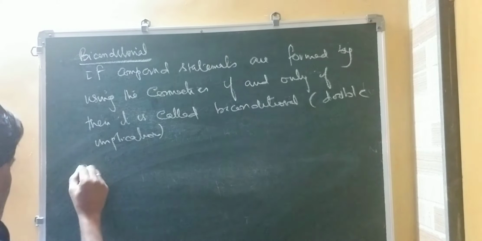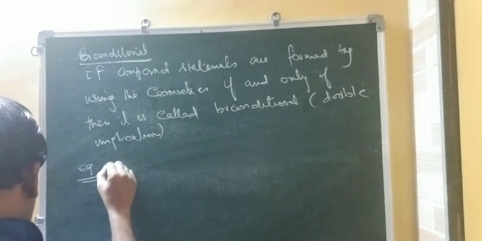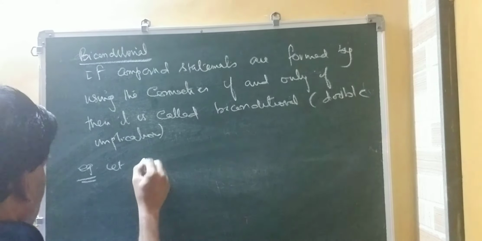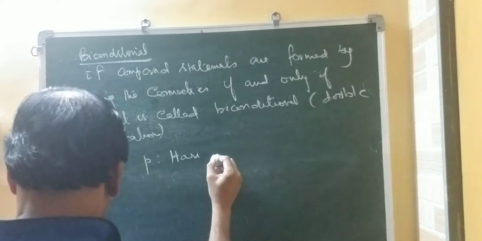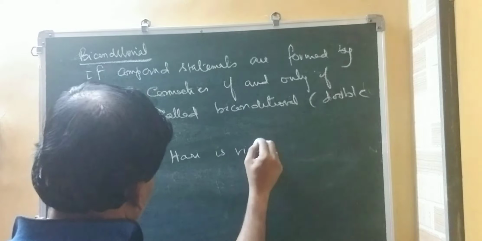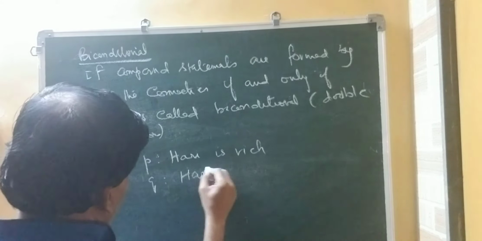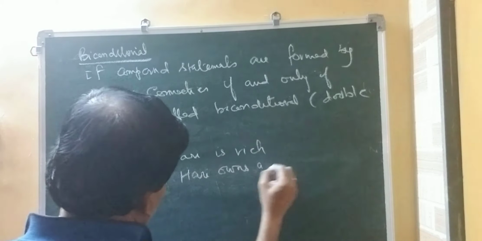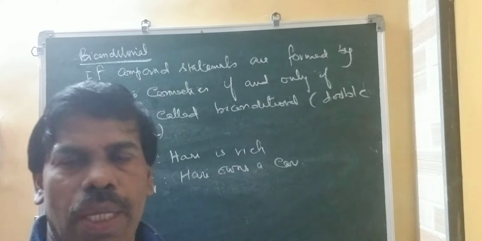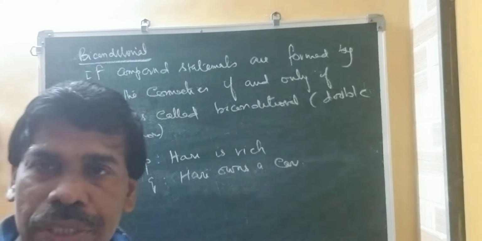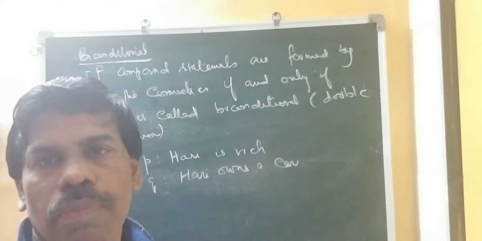So example, let P be: Hari is rich. Q: Hari owns a car. Now this example you see, Hari is rich. That means he can purchase a car.